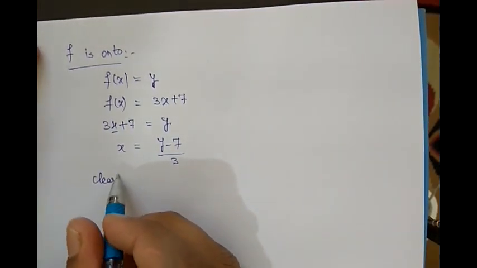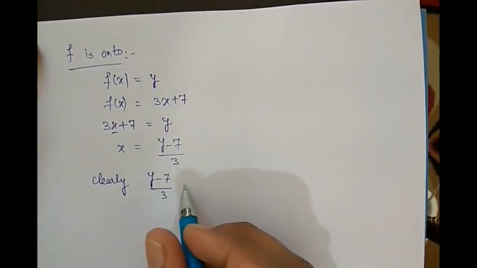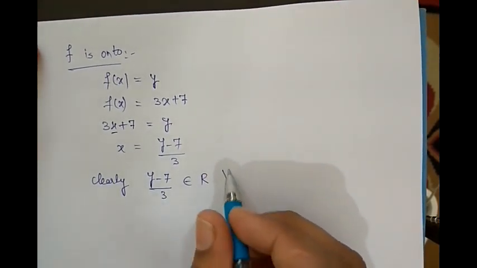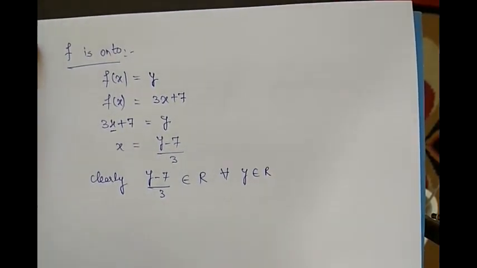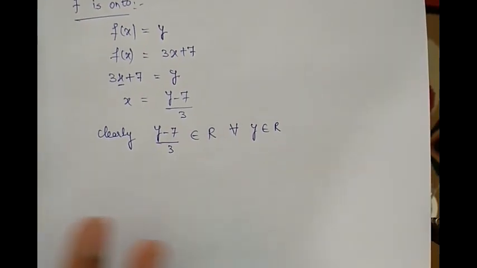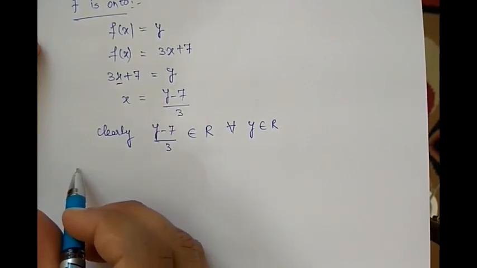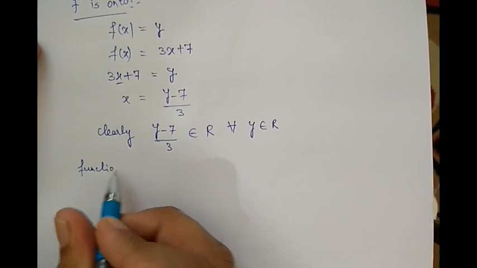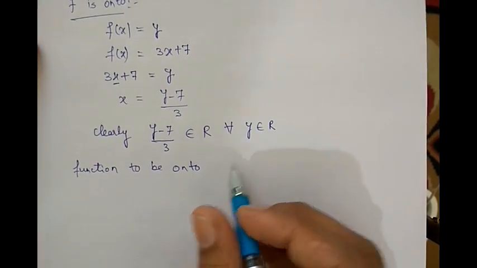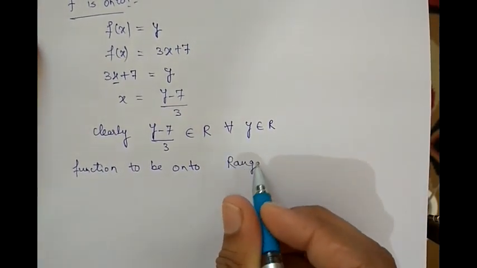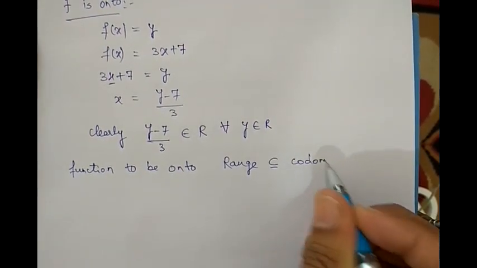Clearly, (y minus 7) upon 3 belongs to R for every y belongs to R. Now, for a function to be onto, there was a condition that the range must be a subset of the codomain.